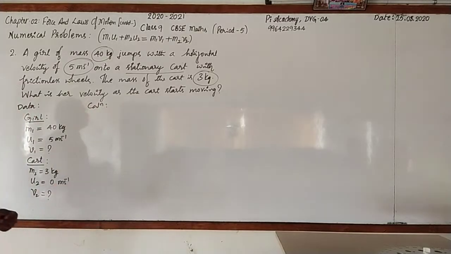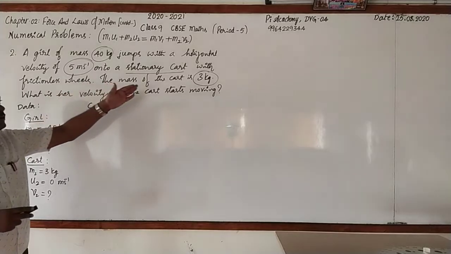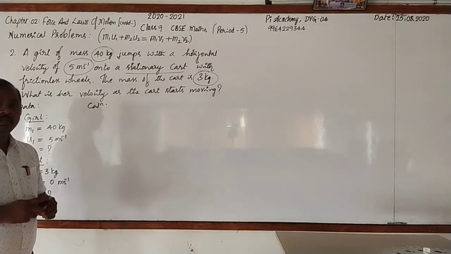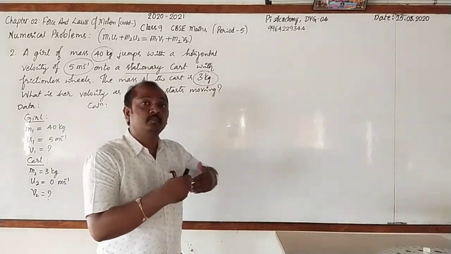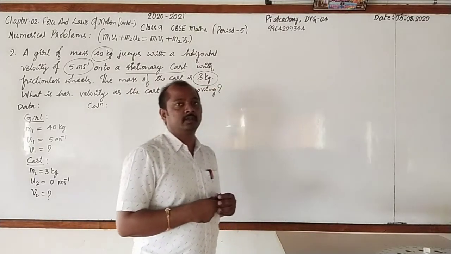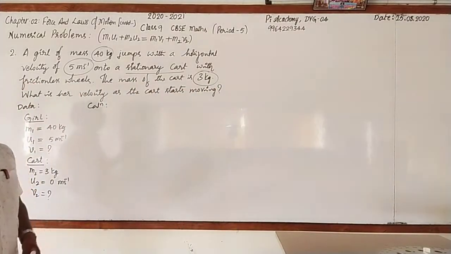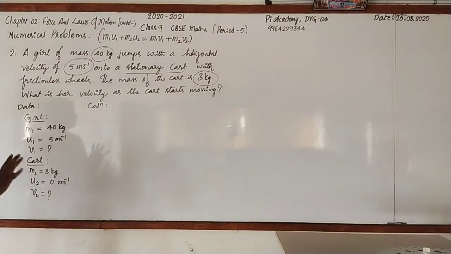Dear students, one thing you must remember, when the girl jumps on the cart which is at rest, then after jumping, the girl will start moving with the cart. Hence, the final velocity of the girl as well as the cart both will be same.